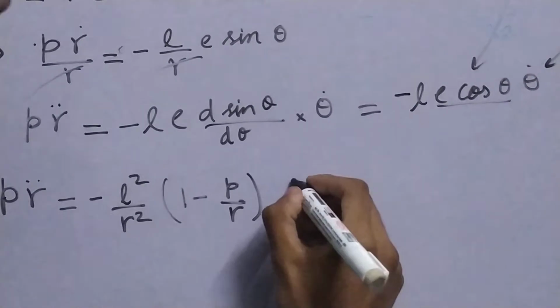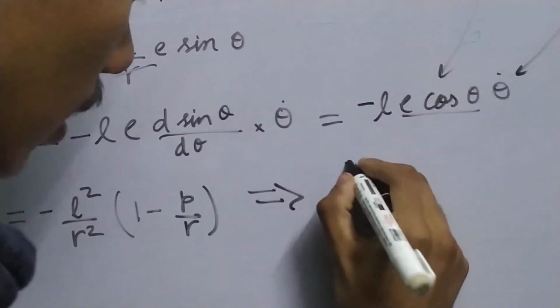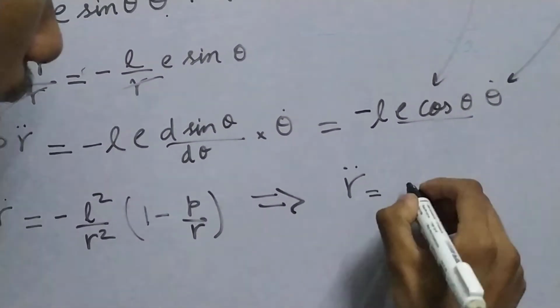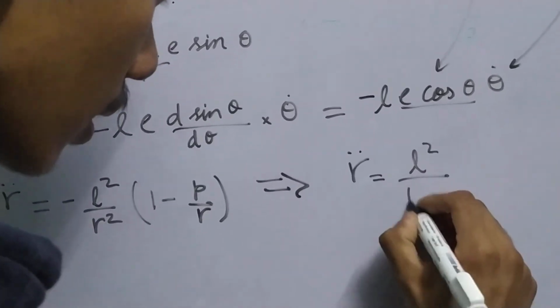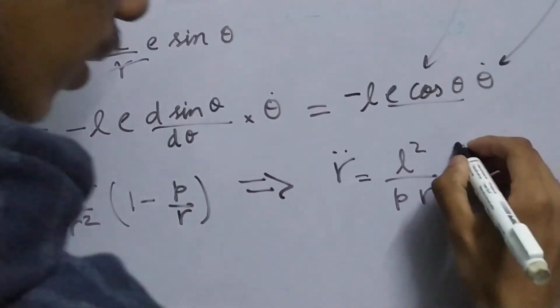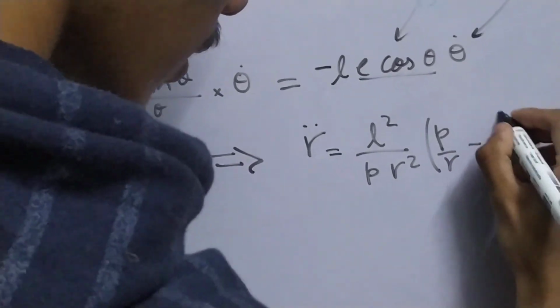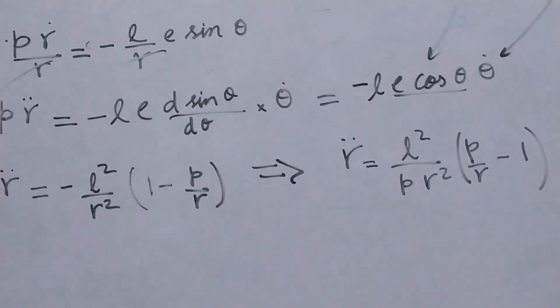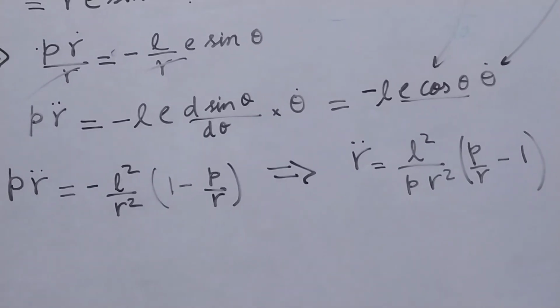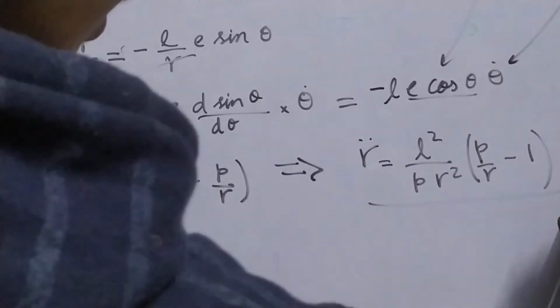Okay, so from this we get that r double dot is equal to L square upon p r square times p upon r minus 1. So we have taken minus 1 inside the bracket.